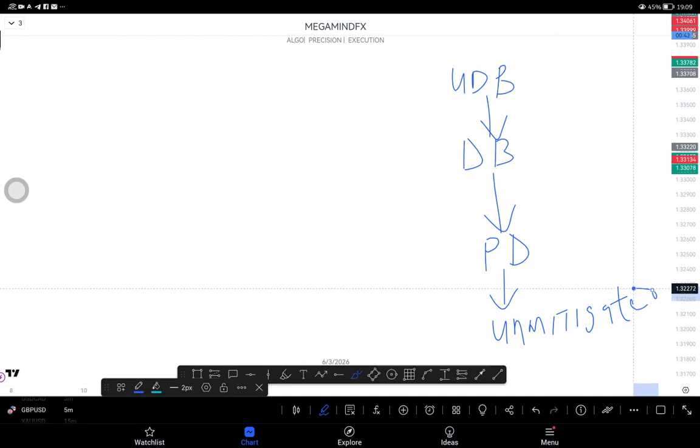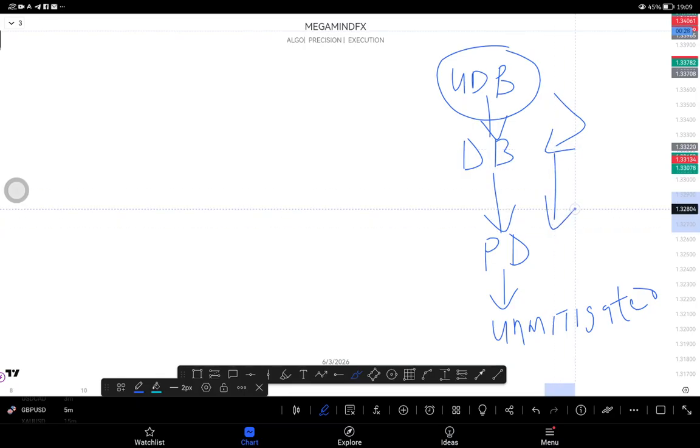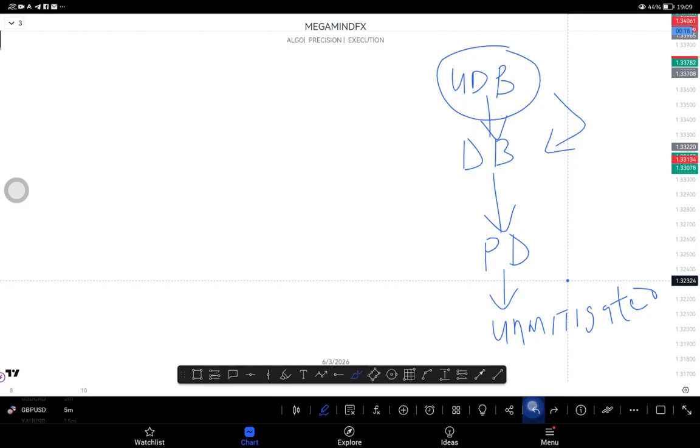So please don't mind my drawings, very, very poor. Now, this is UDB. UDB contains DB. It also contains previous day, and it should be unmitigated. So this is just the concept, and I would explain. Now, let me just delete all of this stuff. I want you to have this at the back of your mind.